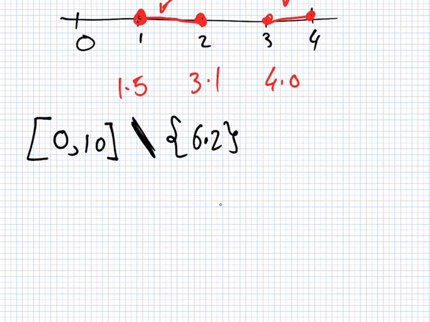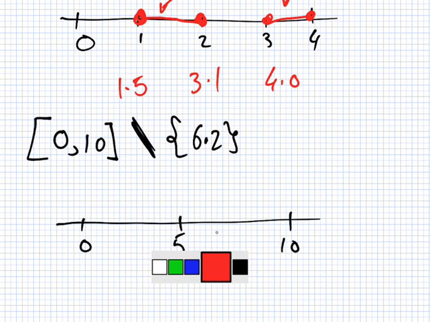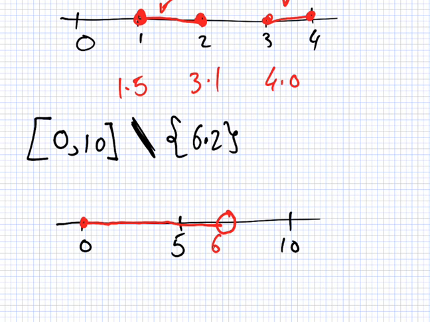So on the number line it would look like this. 0 all the way up to 10, from 0 all the way up, don't include 6.2, and then all the way back up to 10. Okay, so that's what it would look like.